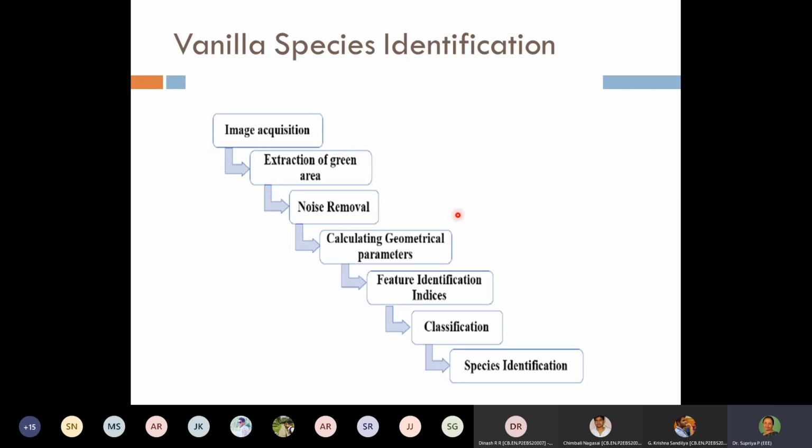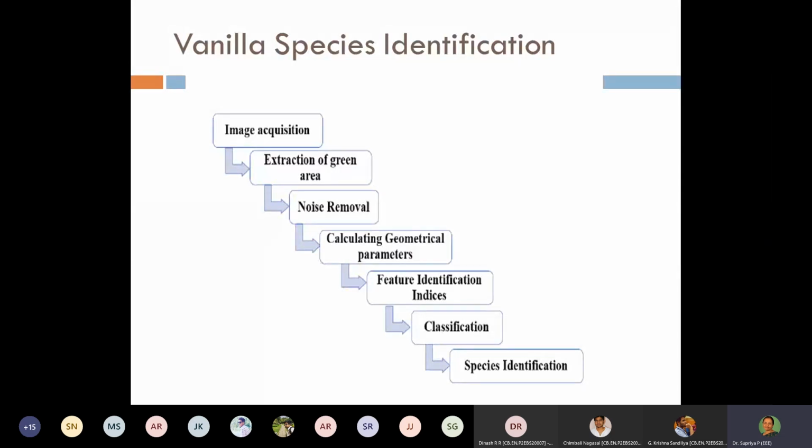The first step was using a camera, a mobile camera only, with the usual 5 MB resolution. The image was taken against a background. After this, the green area was extracted. Noise needs to be removed. This is a process where we could apply morphological operations.